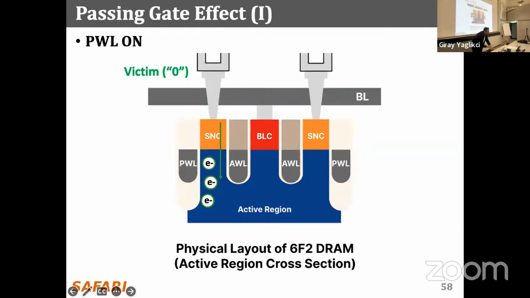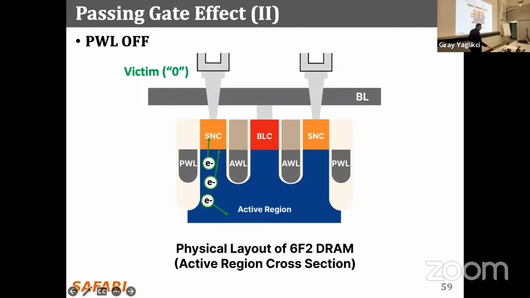Okay, so if you activate this passive word line, what happens? You have high voltage here, and some electrons accumulated here. They're attracted to the high voltage, and once you release this, these electrons can go anywhere.